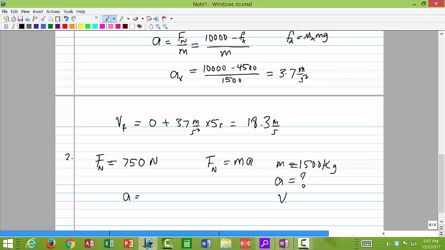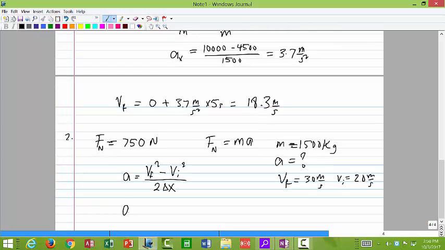V final squared equals V initial squared plus 2 a d. V final is 30, V initial is 20. So a is equal to V final squared minus V initial squared, divided by 2 times 500.